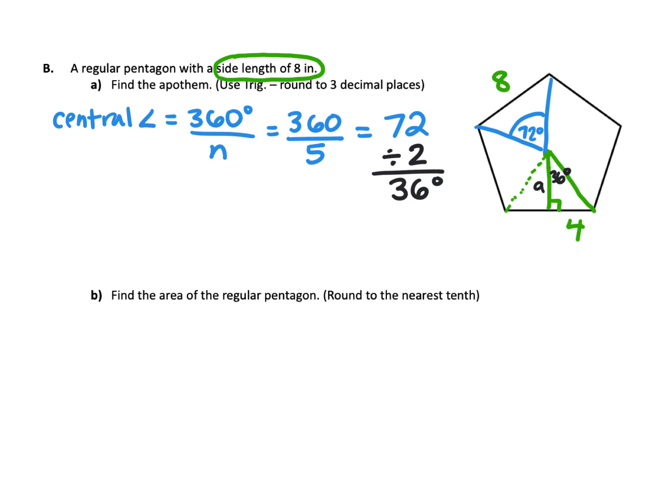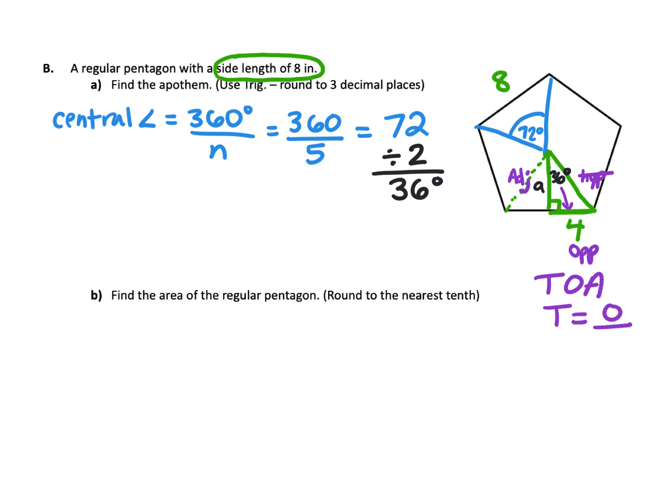Looking at just that triangle that's outlined in the green, you can label the sides in relationship to that 36-degree angle. The hypotenuse is across from the 90. The 4 is opposite. And the apothem there is the adjacent. Once again, we don't need the hypotenuse. We only care about the adjacent and the opposite. So we're going to use a tangent ratio.